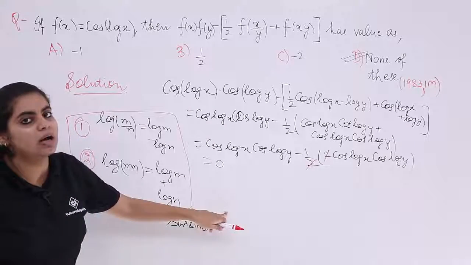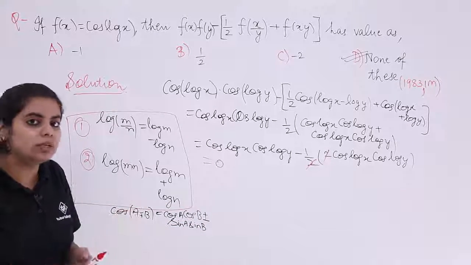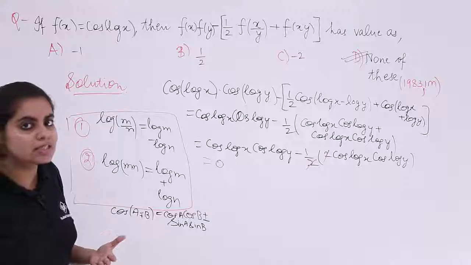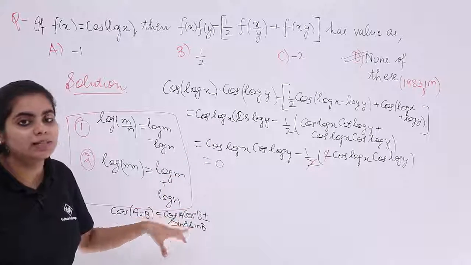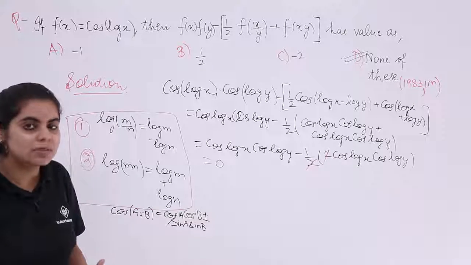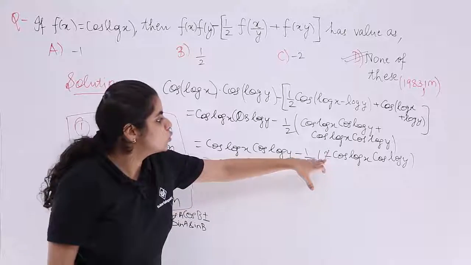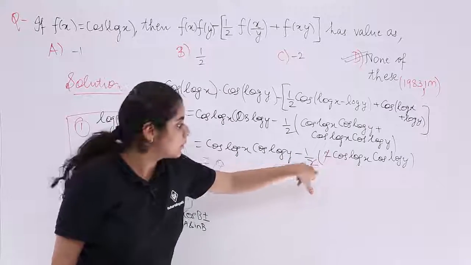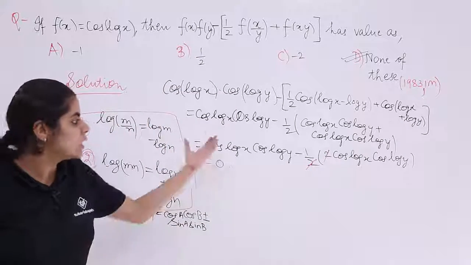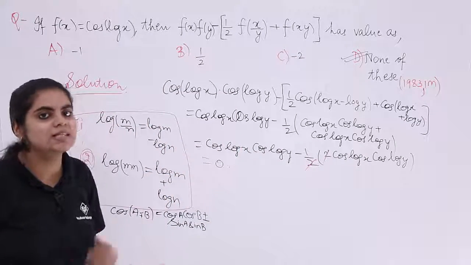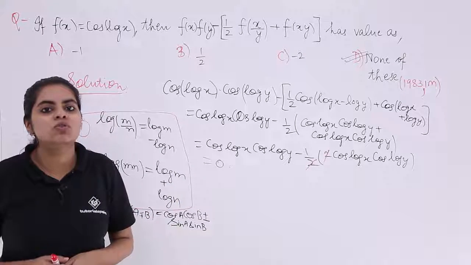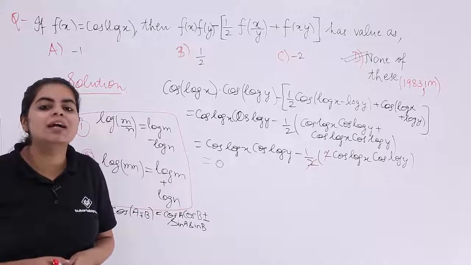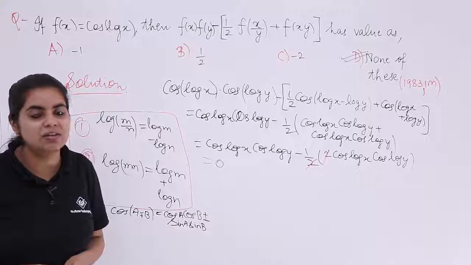If it is minus, you have the formula in plus. And two terms get cancelled. Which terms get cancelled? The sin log x and sin log y terms get cancelled. Only cos terms are left. They both add up to 2 cos log x, cos log y. 2 and 1 by 2 cancel. Both the terms are same, 1 is plus, 1 is minus. So, the answer is 0. This is the complete solution to the question which was asked for 1 mark in the previous year of IIT JEE for functions.